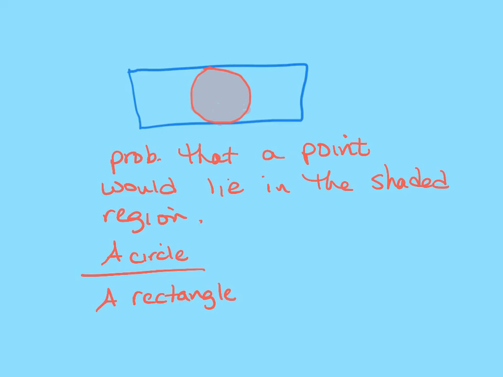So let me go ahead and give you some numbers here so we could actually calculate this probability. So let's say I told you it had a radius of 5, and let's say my rectangle was 15 by 10. And again, it's not drawn to scale. So area of a rectangle, base times height, or length times width, so that would be 150.